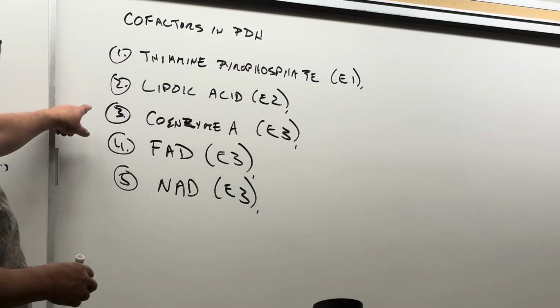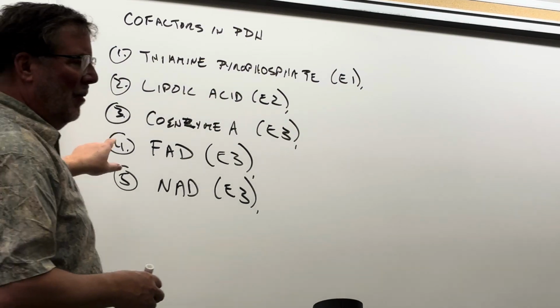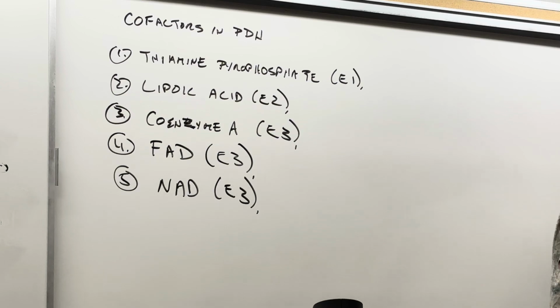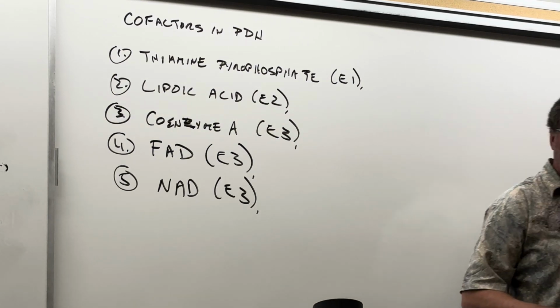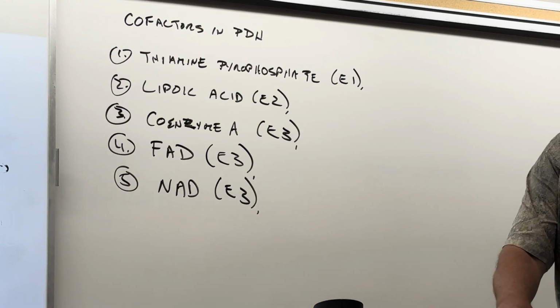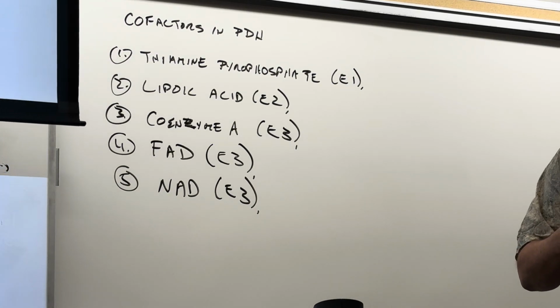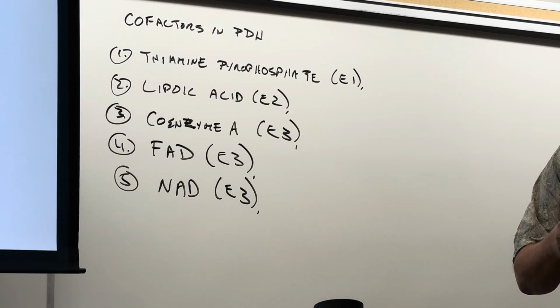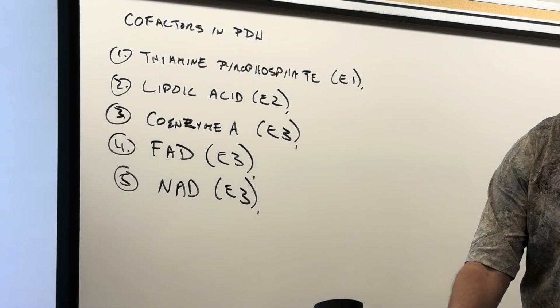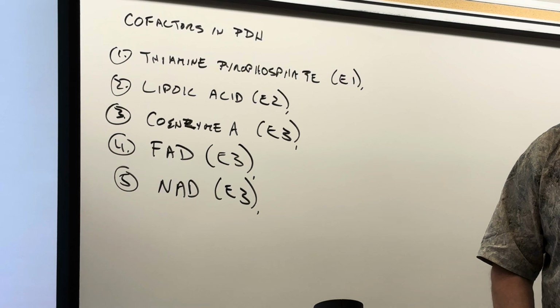Again, coenzyme A is where we need the pantothenic acid. Let me show you some of these other structures here. We'll just walk through them all.